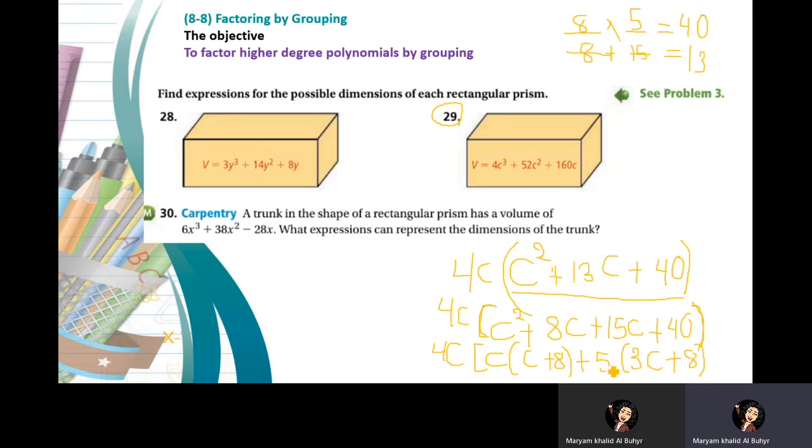But the problem is here 3 and here is C. We cannot pull it out. I will check if I have a mistake. Other than that, the answer is just like that.